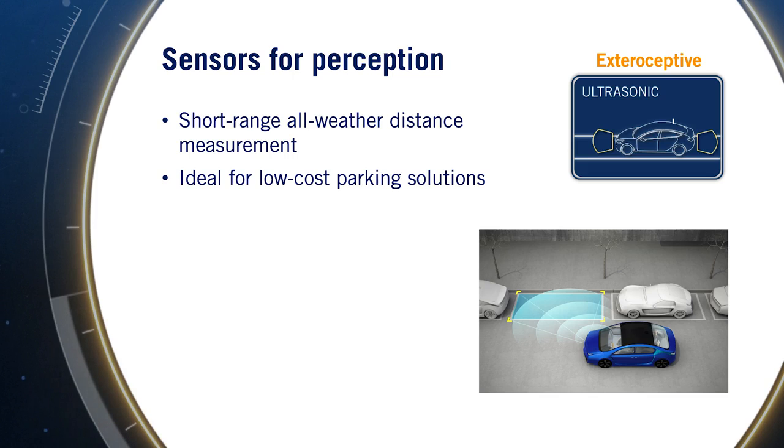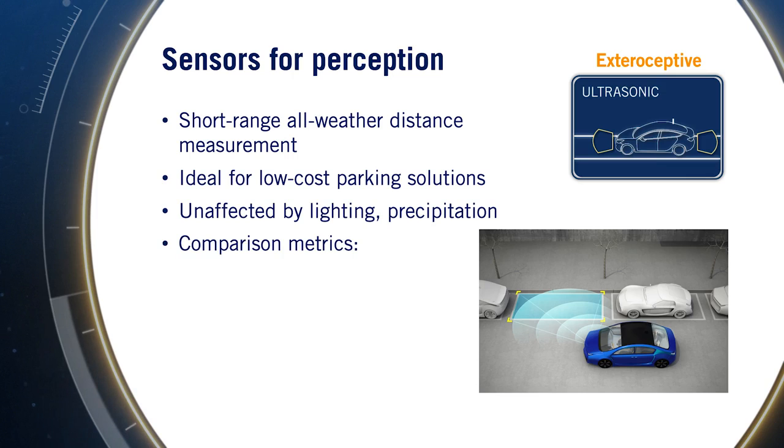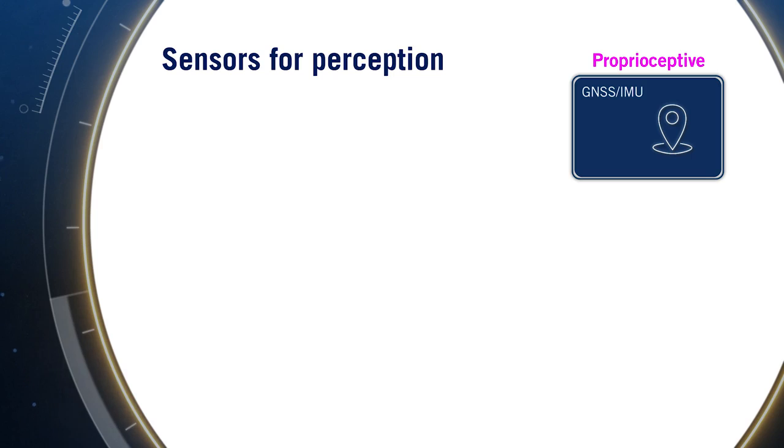Another great thing about sonar is that they are low cost. Moreover, just like radar and LiDAR, they are unaffected by lighting and precipitation conditions. Sonar is selected based on a few key metrics: the maximum range they can measure, the detection field of view, and their cost.